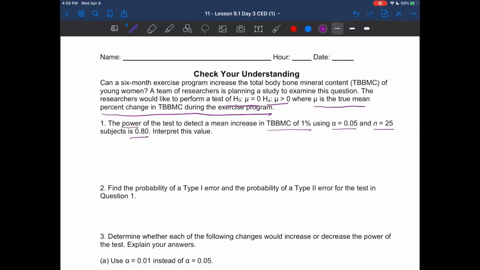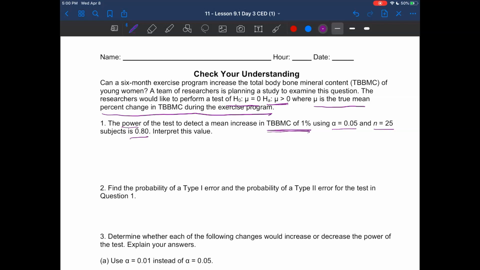Interpret this value. So to interpret a power, we have to use the alternative hypothesis at a specific value. In this case, the alternative hypothesis said the true mean needs to be greater than 0, but now we're going to look at an increase of 1%. So that's going to be our specific value.